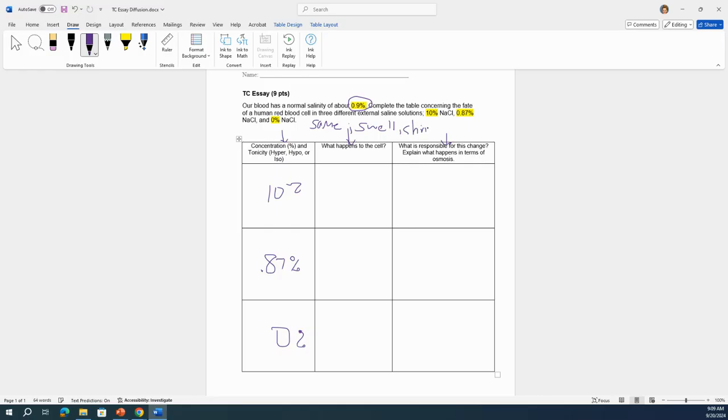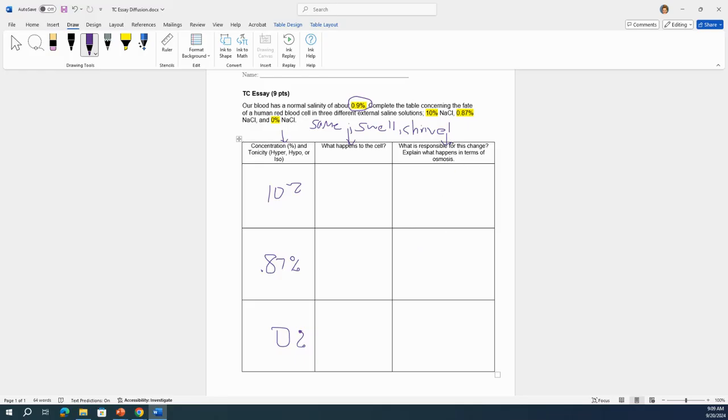Now these are animal cells, so we don't have to worry about the cell wall or turgid or anything like that. If you put animal cells in different solutions, they're either going to stay the same, swell up and get bigger and possibly lyse, or shrivel up and lose water, okay?